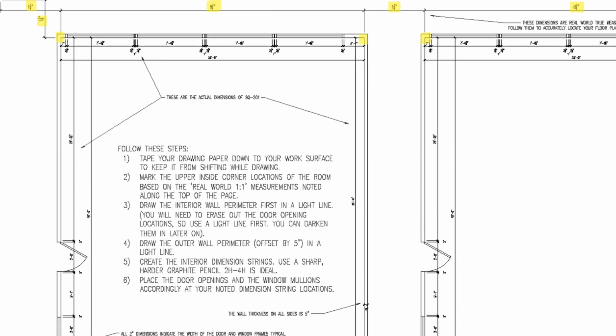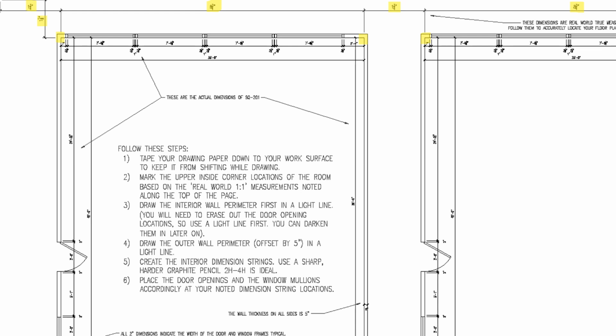Okay, so here we have zoomed in a little bit on the floor plan page, the SQ201 FP 1.0. The FP is standing for floor plan. The 1.0 means that it is the first sheet in any series of sheets that may be part of the floor plans that pertain to a space that you might design.